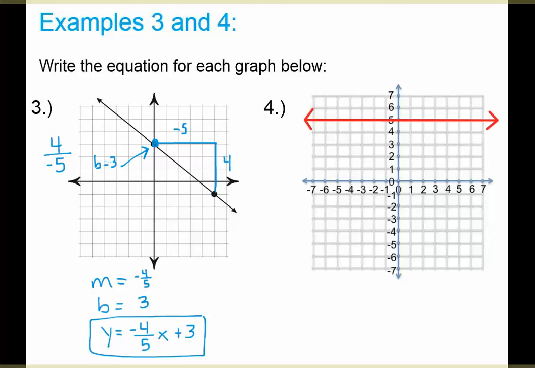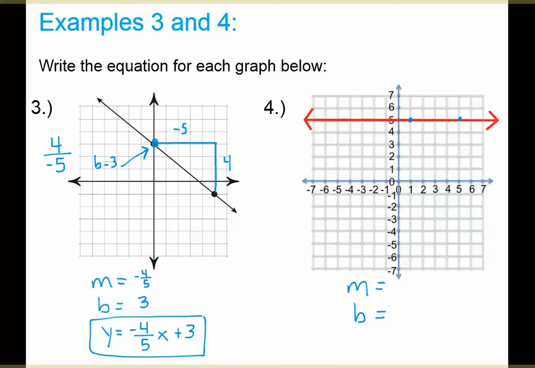Number 4, I'm not trying to trick you, but you should be able to come up with the equation for this line. And if you tried to do it in terms of slope and y-intercept, that's okay. That might actually lead to a deeper understanding of all of this. Well, what would the slope be? If you picked any 2 points, let's see what that looks like.